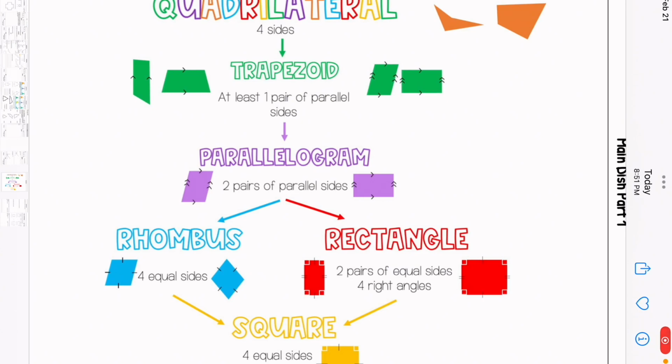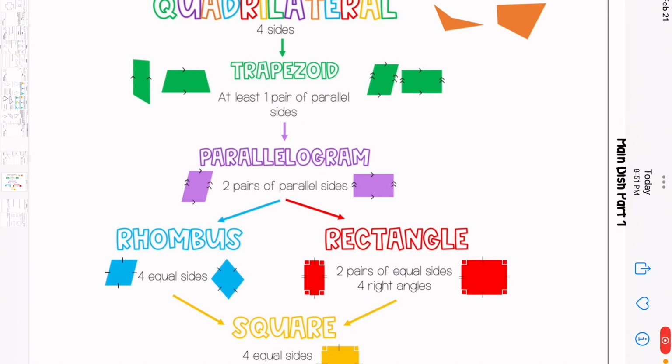And then we can actually be even more specific than that. So looking at the rhombus, a rhombus is a quadrilateral. It has 2 sets of parallel sides, but also something specific about it is that it has 4 equal sides. So you'll notice that it's not a perfect square, but the sides are still all the same length.